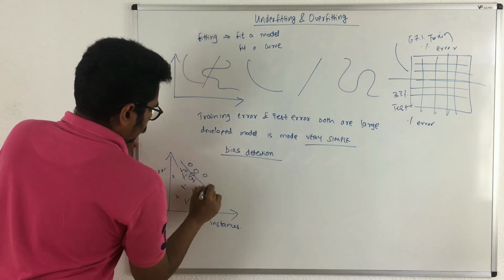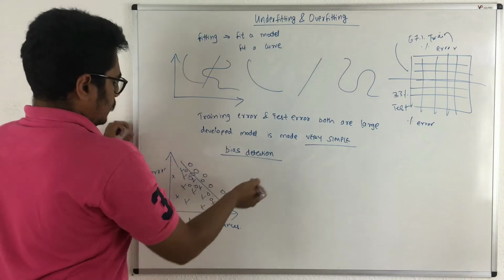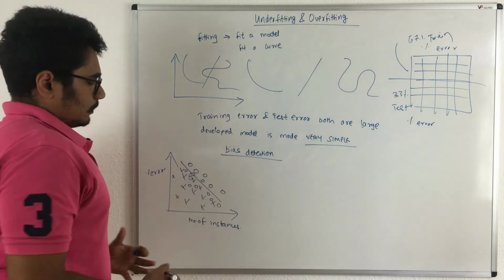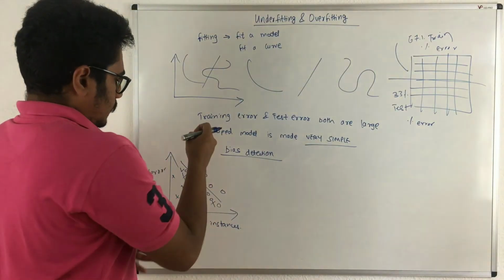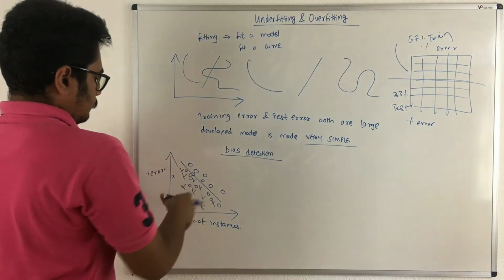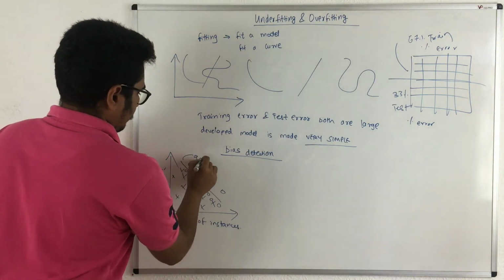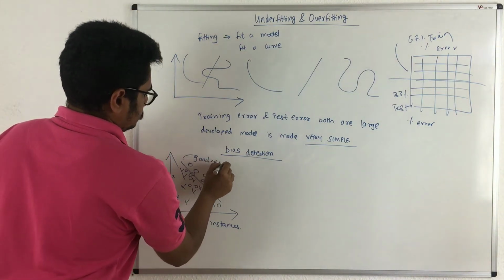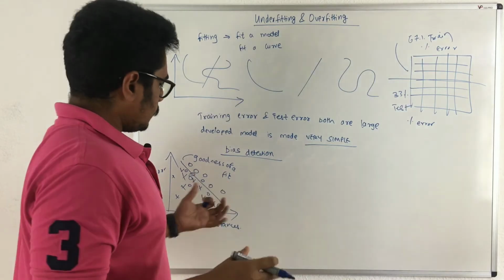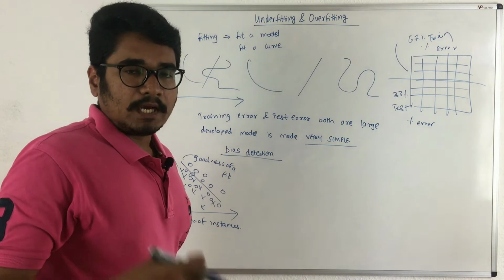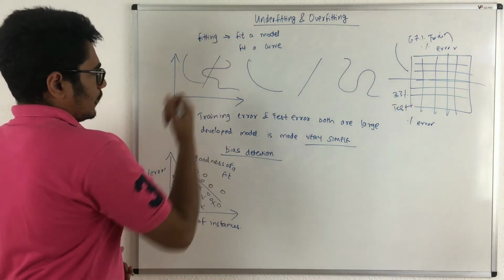Some part of it may fall in this category and some part may fall above this line. So this curve is not well fitted into this particular graph. This is mainly the description of goodness of fit, meaning how well the given observations or samples are fitted to that particular curve. So this is the case of underfitting.